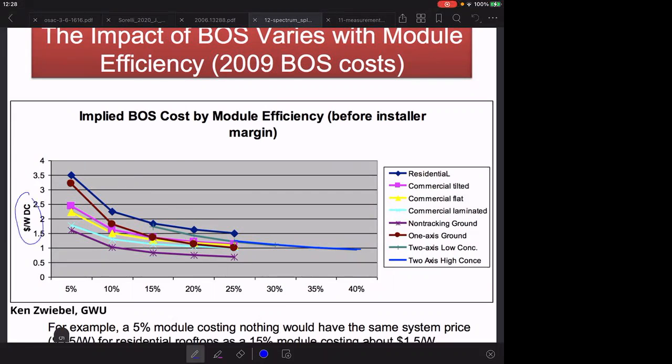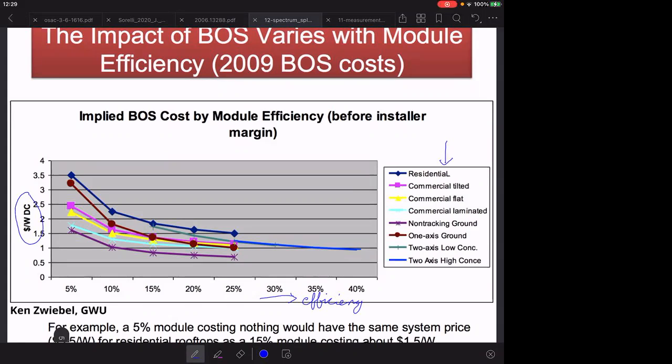It is dollars per watt DC, varying from 0 to about $4 per watt. And the horizontal axis here is efficiency. So clearly, as expected, as efficiency of the panel increases, the cost per watt decreases. Now, the rate of decrease is different for different situations, which is what's color-coded in these legends.